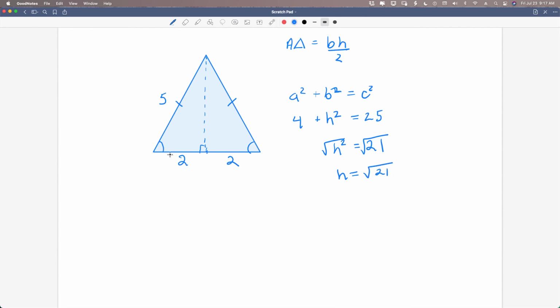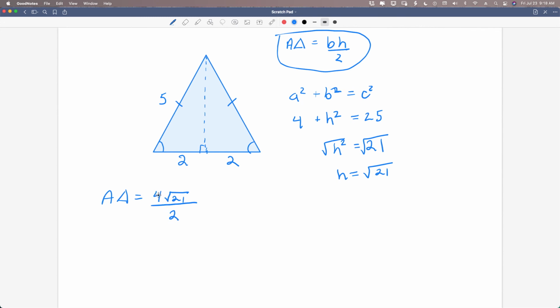So now we have a base and we have our height. And the base of the triangle is the total. So that's 4. And then the height is the square root of 21. So now we can do our area calculation by saying 4 times the square root of 21 divided by 2.